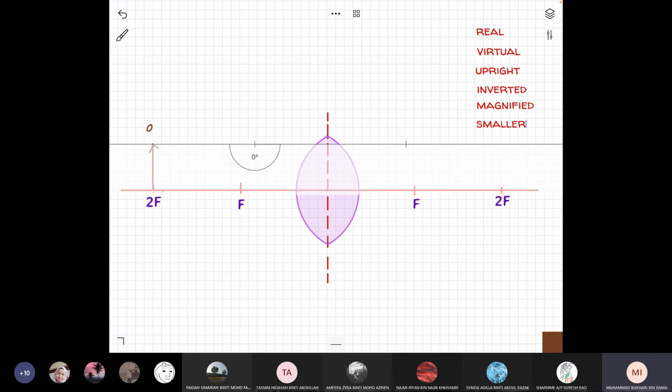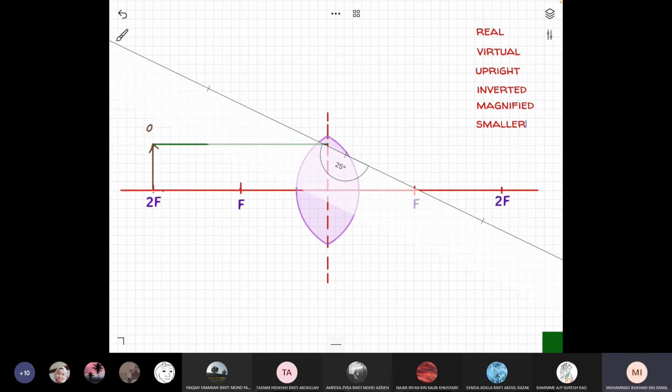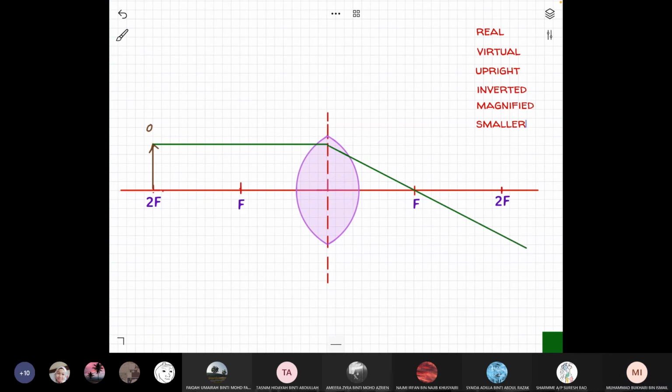Let us try to apply the second rule. Light which is parallel to the principal axis will be refracted towards F. Remember, I mentioned earlier, you must use graph paper so that it will be accurate.